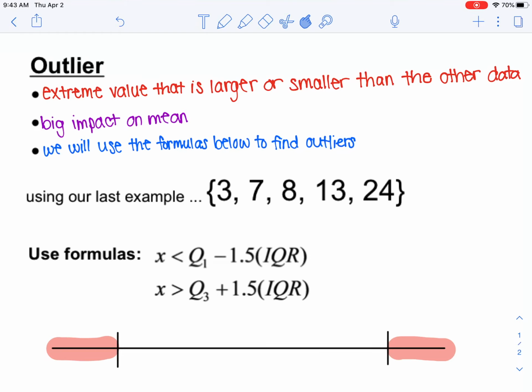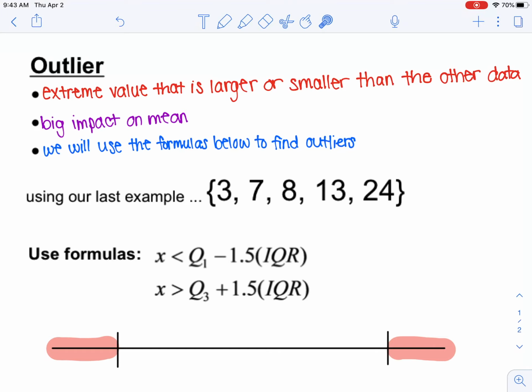So we're going to use our last example with that same data set, 3, 7, 8, 13, and 24. And these are the formulas that we're going to use right down here. So if x is less than our first quartile minus 1.5 times our interquartile range, that would make it an outlier.